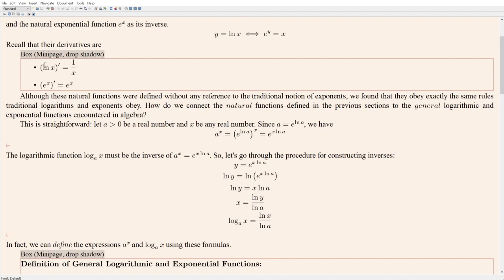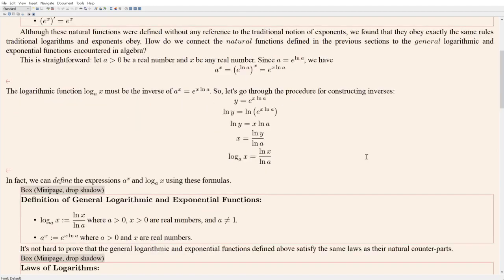Okay, so the derivative of natural log x is 1 over x. The derivative of e to the x is e to the x. Now, we want to connect general exponentials to natural exponentials. And this is actually pretty straightforward. So let a be any positive real number, and let x be any real number.